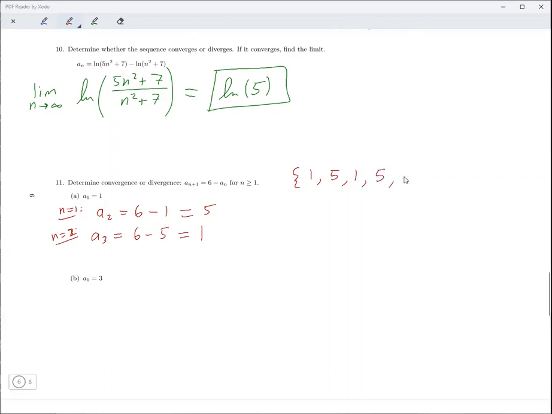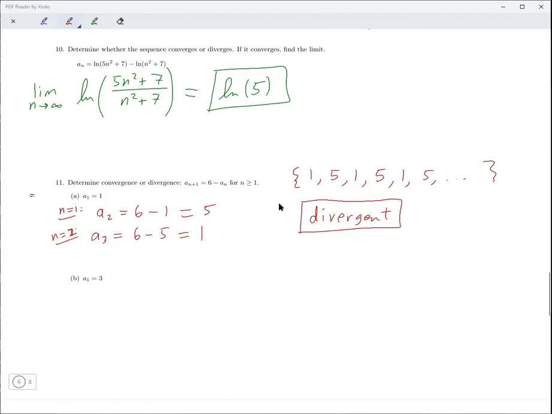Yeah, it's 5. It's just going to go like that, right? So if it goes 1, 5, 1, 5, 1, 5 forever, does it converge or diverge? Diverges. Yeah, it's divergent. So this one, it's divergent. And that's it.